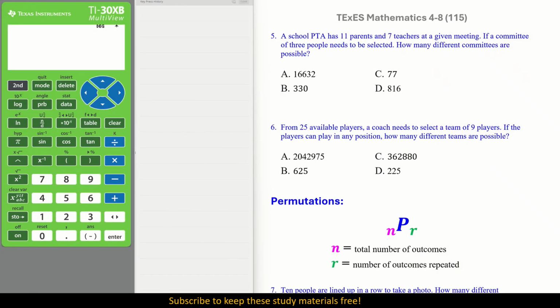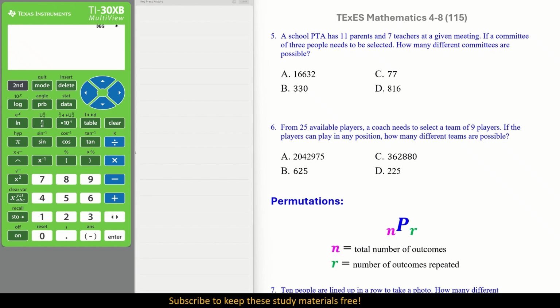Number 5. A school PTA has 11 parents and 7 teachers at a given meeting. If a committee of 3 people needs to be selected, how many different committees are possible? They're trying to confuse you a little with the wording, but the reality is we just need the possibility of taking 3 out of the 18.